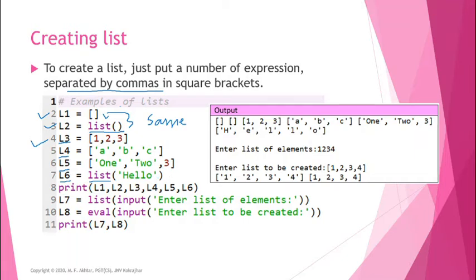And we have given print to display all the variables, and we will see how they are displayed on the output screen. And then another 2 variables we have created, L7 and L8, using some different methods. First of all, the first 6 variables we have given here. We have created 6 different types of list, and the output is like this.